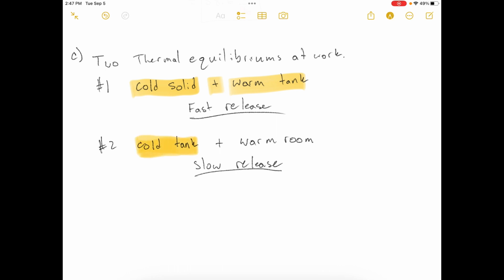So cold tank plus warm room, but that tank is sitting in a warm room. And so over time, that tank is going to warm slowly up to room temperature, and as the temperature is increasing, that CO2 is going to heat up, and the tank pressure will build very slowly as that temperature increases up to room temperature.